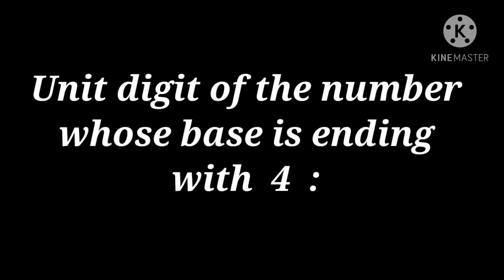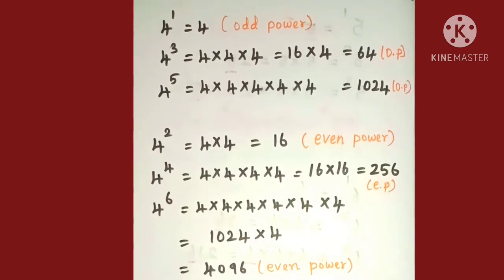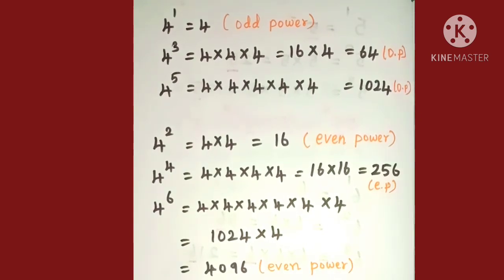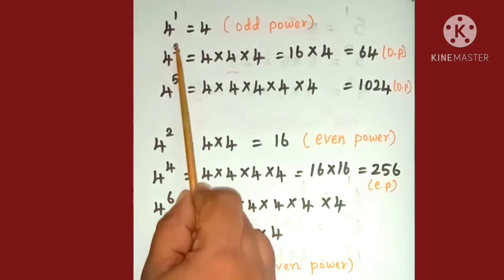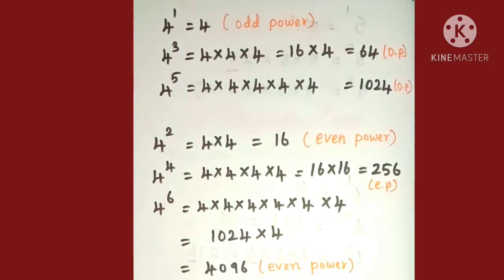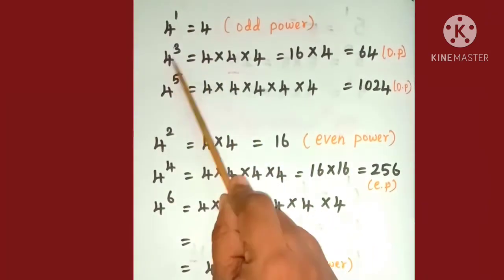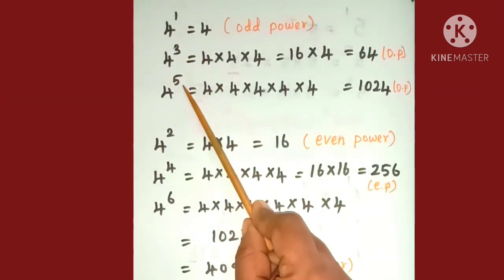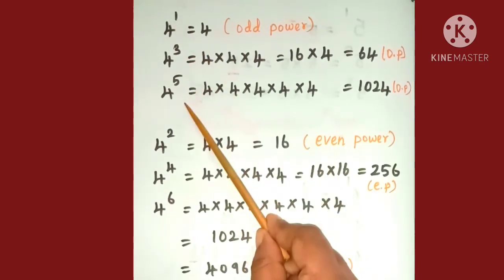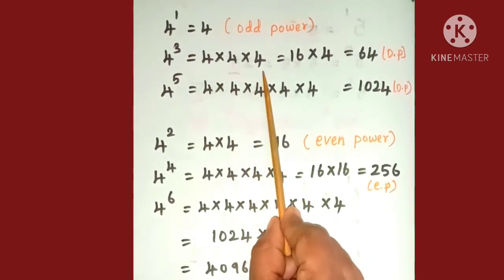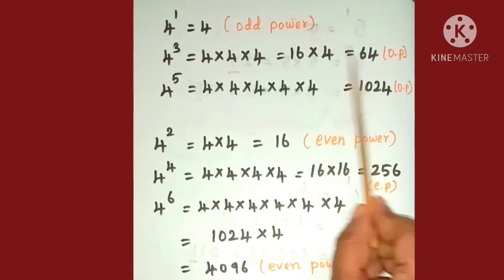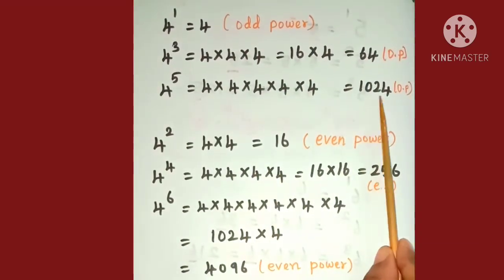Unit digit of the number whose base is ending with 4. Students, observe the pattern: 4 power 1 is 4. So, pattern of unit digit when the base is 4. Now, let us observe what will happen. See, 4 power 1 is 4. 4 cube, when we take odd powers and expand it, we get 64, and 4 power 5 is 1024.